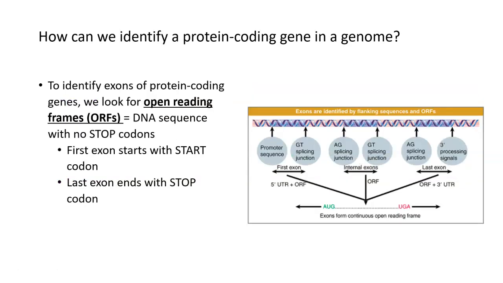And so when we're looking for protein coding genes, we're looking for what's called open reading frames, which is a DNA sequence that has a start sequence or a start codon at the beginning, and then no stop codons all the way through until the very end. Right? And so here we're able to identify protein coding genes by looking for these stretches of sequence within the genome.